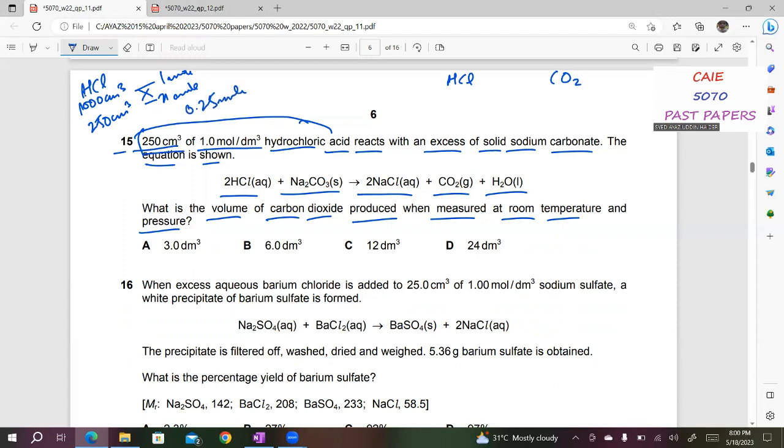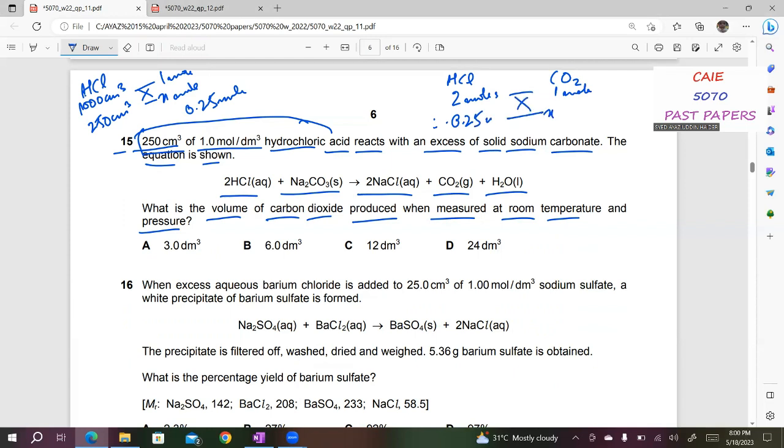According to the reaction equation, 2 moles of HCl produce 1 mole of CO2. Therefore, 0.25 moles produce X moles.